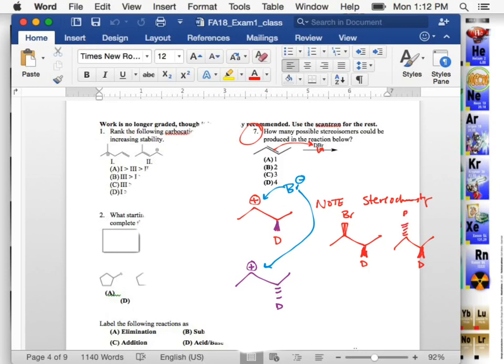From the back side. Bromide could have attacked from the top, or the bromide could have attacked from the bottom.